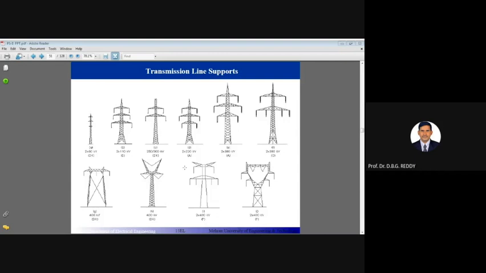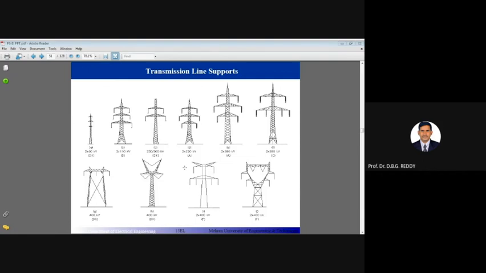It needs more mechanical strength to withstand all weather conditions, in the design of structures and the design of the line, whether it is an AC line or a DC line. Why? Because a structure that occupies less space is very good. If the poles occupy more space, how can you grow food grains?